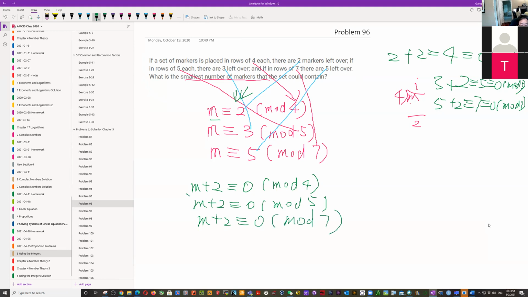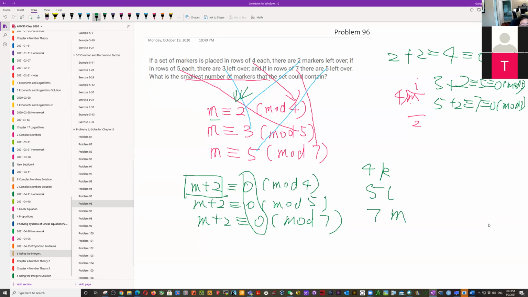So right now, we look at m plus 2 holistically. Just treat it as a whole thing. We're no longer dealing with m. By dealing with m plus 2, we are dealing with simultaneously a 4 multiple, simultaneously a 5 multiple, and simultaneously a 7 multiple.